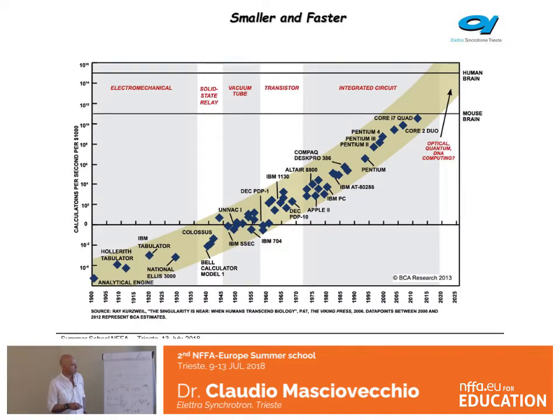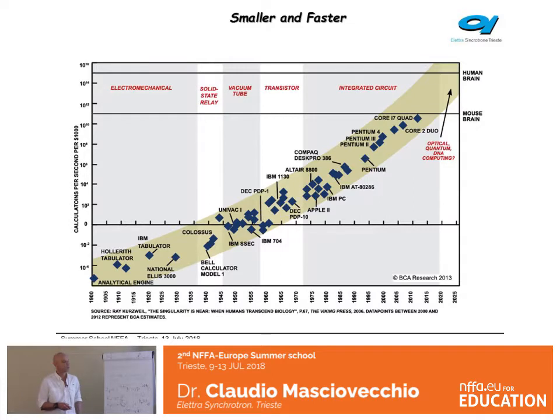And in this figure here, that I got from a book entitled, I don't remember, I read it, "The Singularity Is Near: When Humans Transcend Biology," you may see the number of calculations of processors as a function of year and for $1,000.